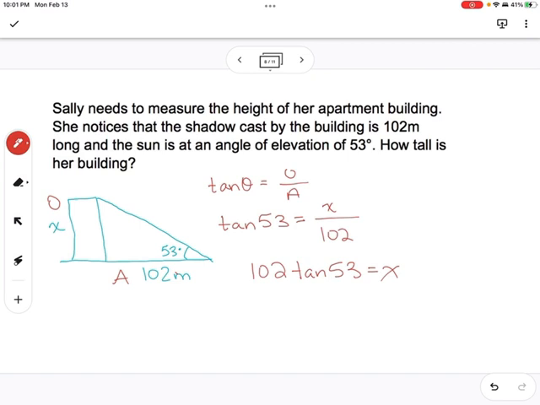In the calculator, I am putting 53 tan times 102 and getting a measure of 135.4, and we are measuring in meters.